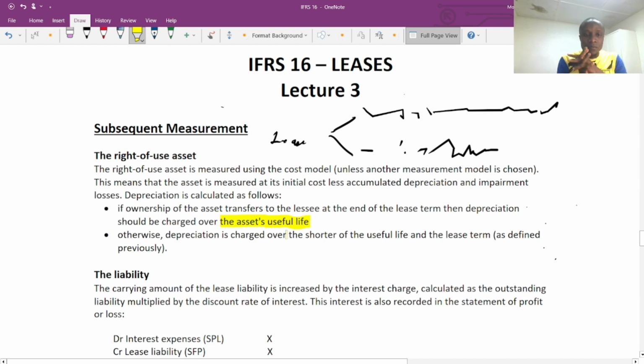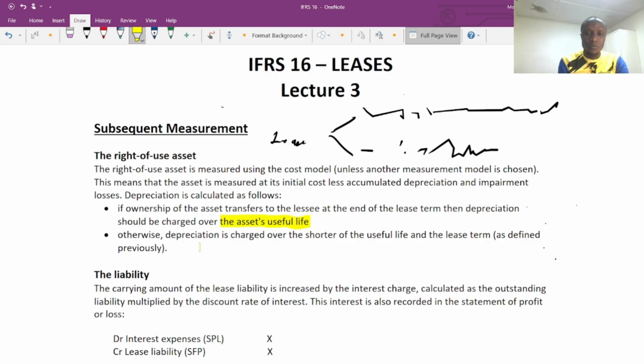It's clear. Second condition: if the ownership is not transferred to the lessee, then we are going to depreciate the right of use asset over the lower of the lease term or the useful life of the asset. Which one is lower? That's what we are going to use. For example, a motor vehicle with a useful life of 3 years. The lessor leases the motor vehicle to the lessee for a period of 2 years.